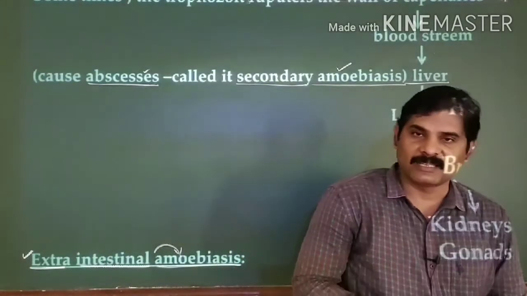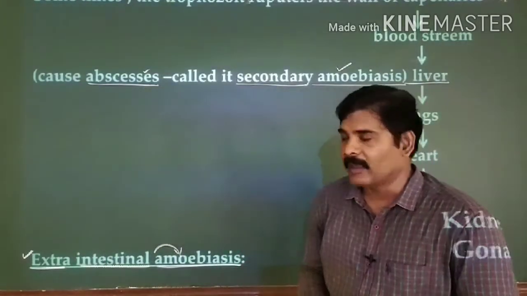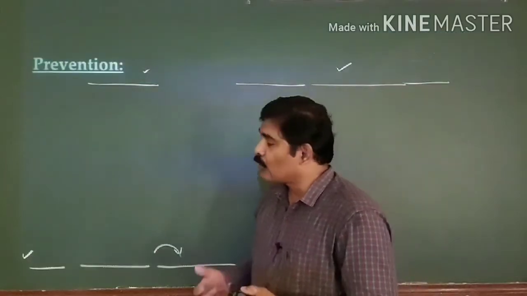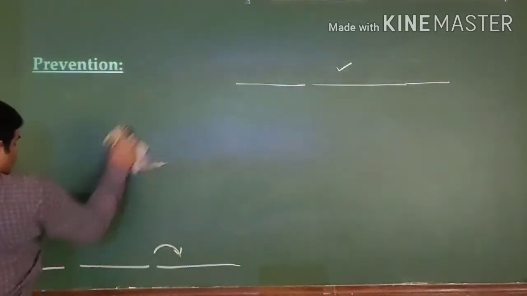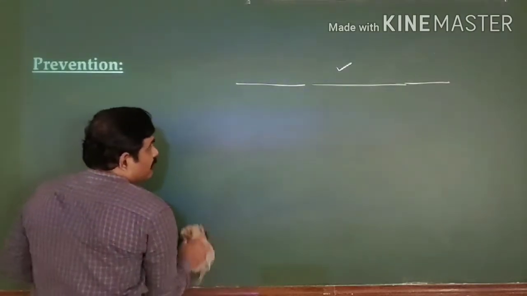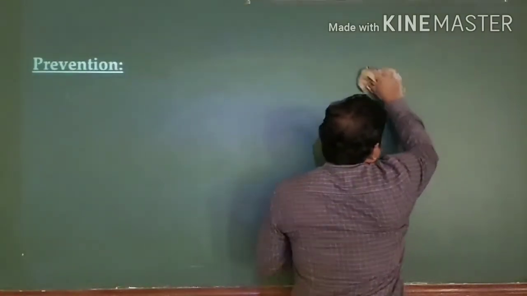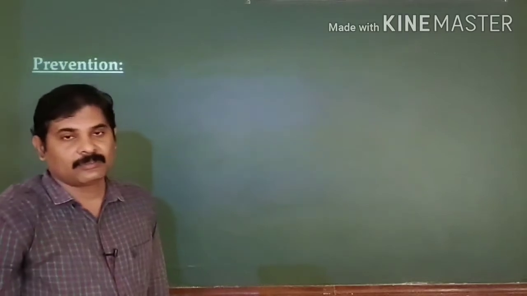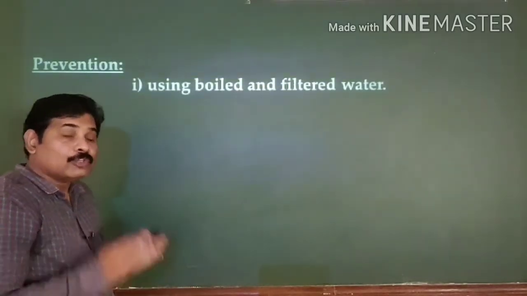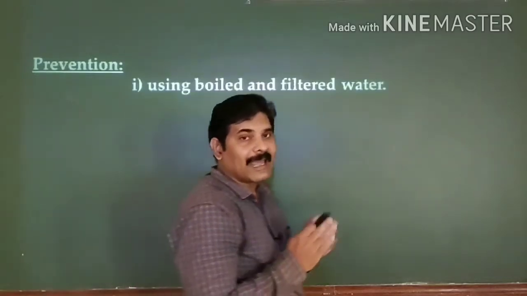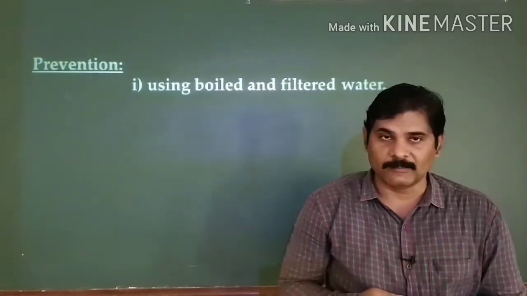How can you prevent this disease? Let us see now in a detailed way. First and foremost, you know how it spreads. And you know very well, this is spread because of contaminated water and food. So what you need to do initially, first and foremost important thing, you should take boiled as well as filtered water.